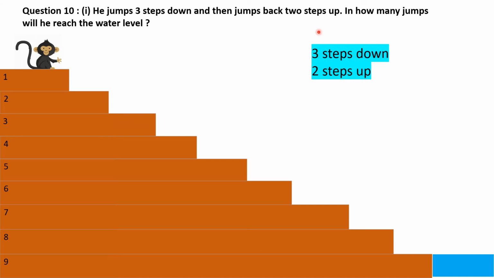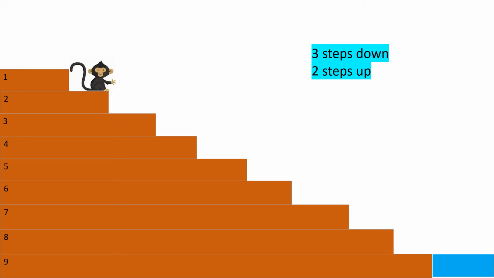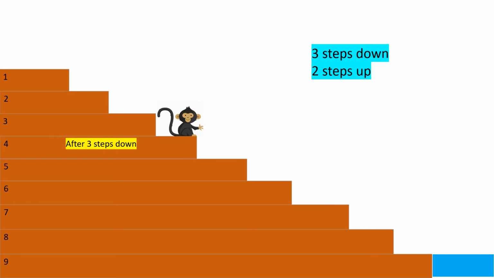He first jumps 3 steps down and then 2 steps up. Let's look at his motion. 1, 2, 3. He jumped 3 steps, right? After 3 steps, he is on the 4th step. As you can see, he's on the 4th step, right? Now what does he do?